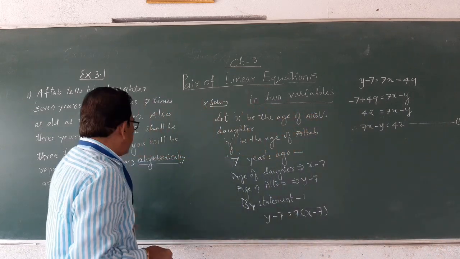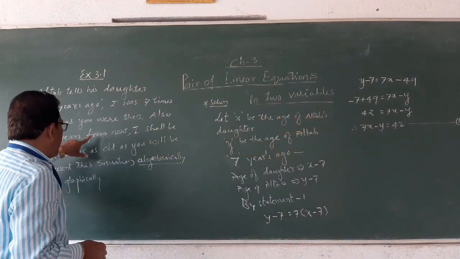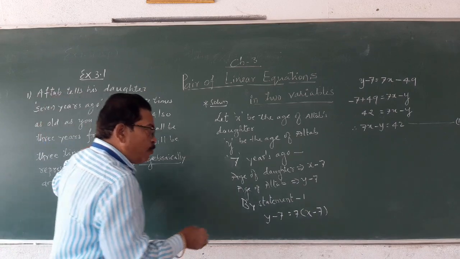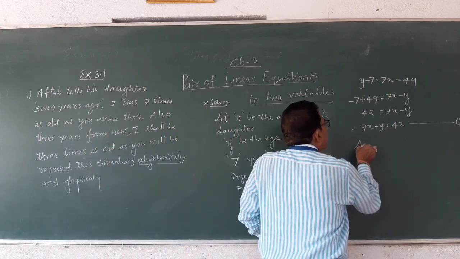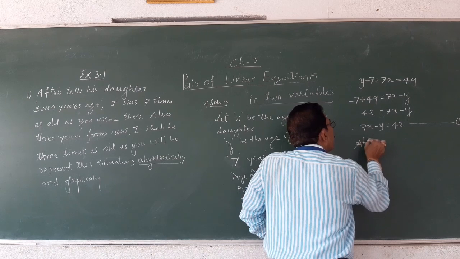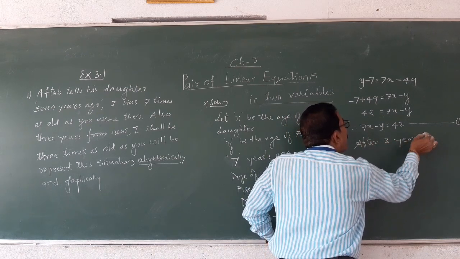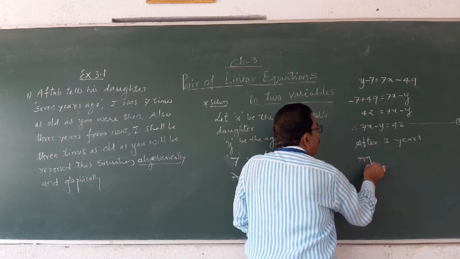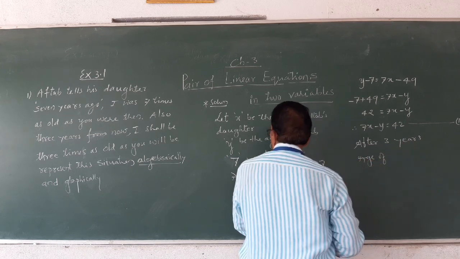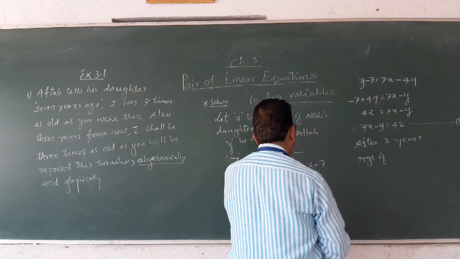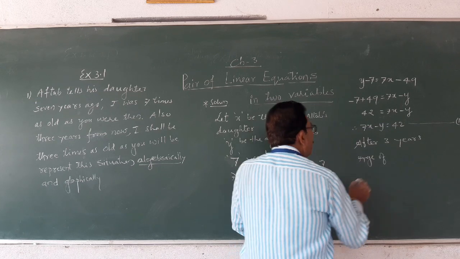Then in statement 2, 3 years from now means after 3 years. Age of daughter, x plus 3.